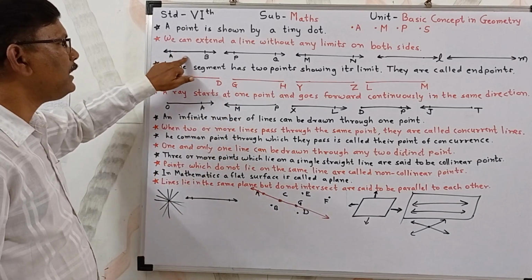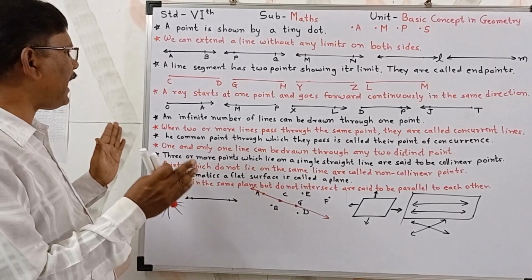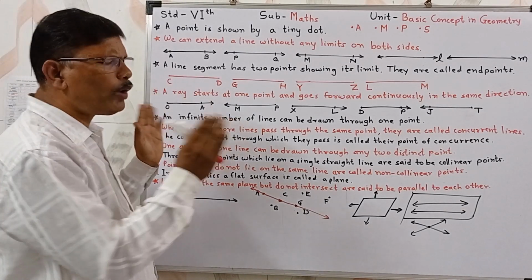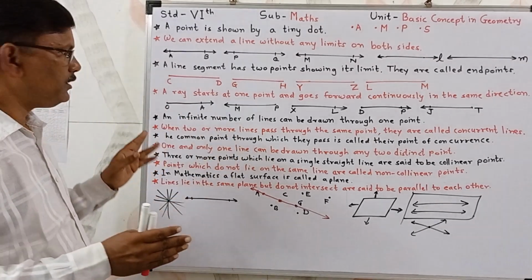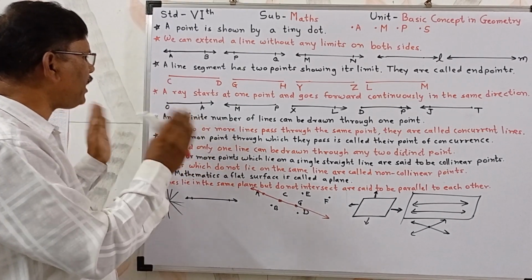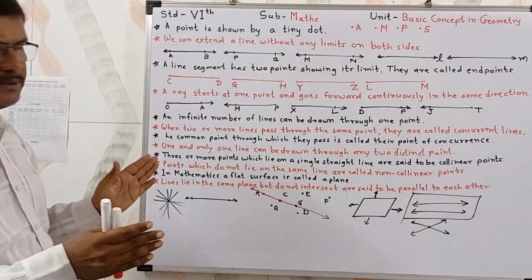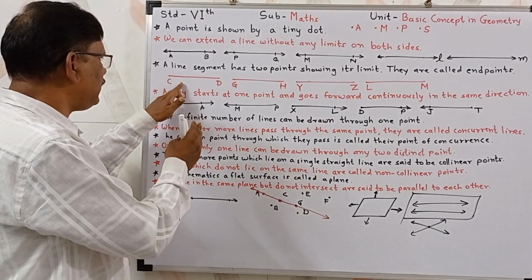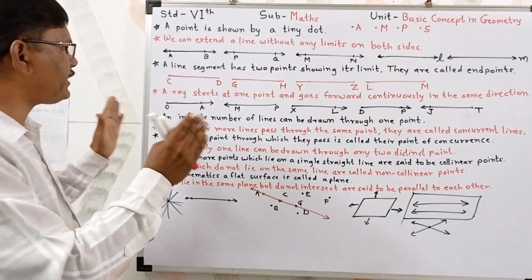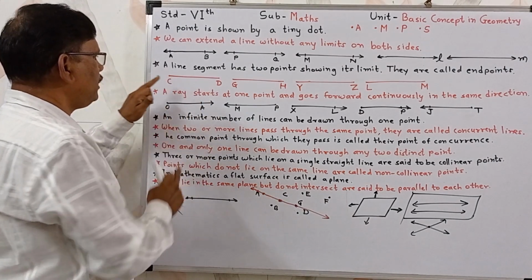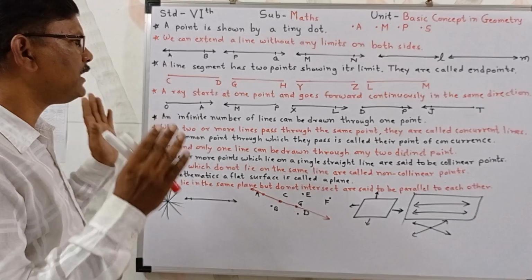Understood? It is called a line. Then a line segment. A line segment has 2 endpoints and they show its limit. Both endpoints show its limit.